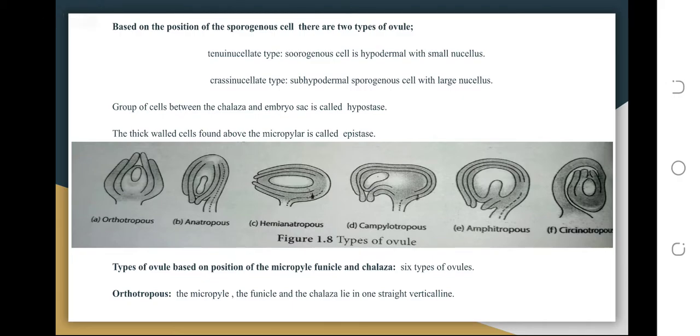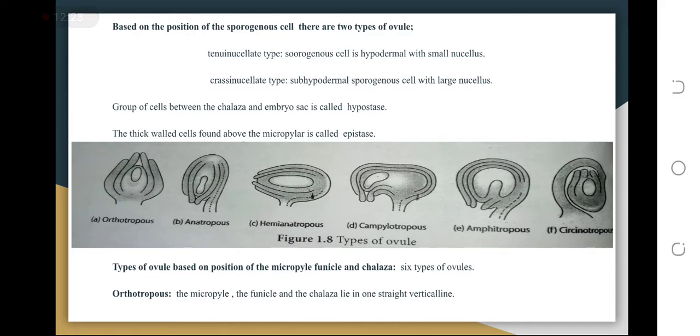Another one is crassinucellate type: subhypodermal sporogenous cell with a large nucellus. The group of cells between the chalaza and embryo sac is called hypostase. The thick-walled cell found above the micropylar end is called epistase.